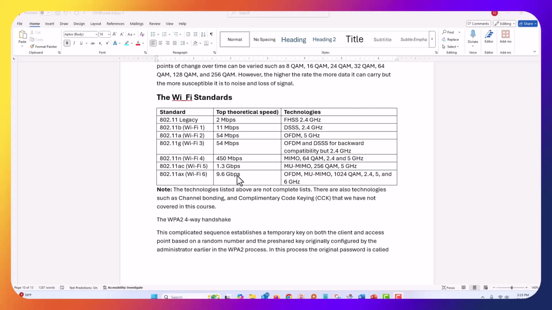The next one is AX, and we don't really have a lot of AX systems out there. I think that they are out on the shelves, but supposedly up to 9.6 gigabits per second using these technologies, the OFDM, MU-MIMO, 1024 QAM, and all three of these frequencies. This was the first time we got 6 gigahertz in the picture, by the way.